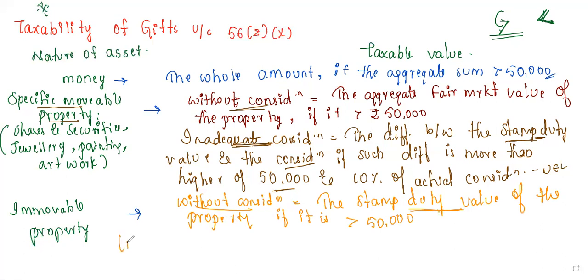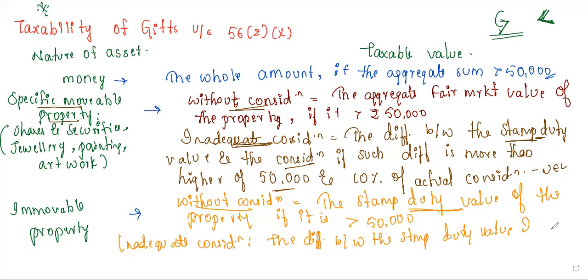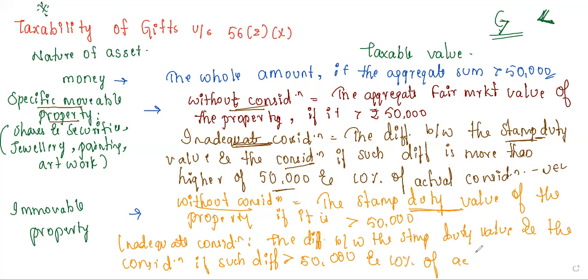Then coming to inadequate consideration, in this situation, if the difference between the stamp duty value and the actual consideration is greater than 50,000 and 10% of actual consideration, whichever is lesser.